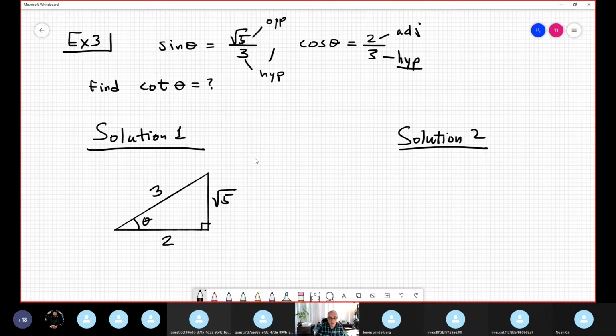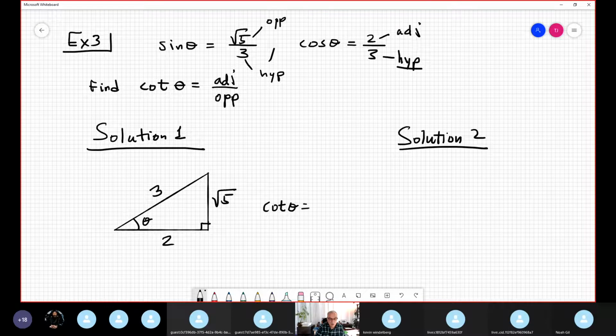Because I know that cotangent is the reciprocal of tangent, or you know that it is the adjacent divided by the opposite. And who is the adjacent in our problem?